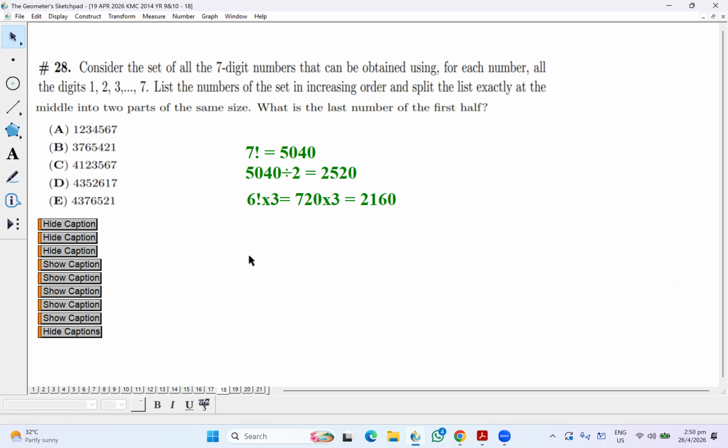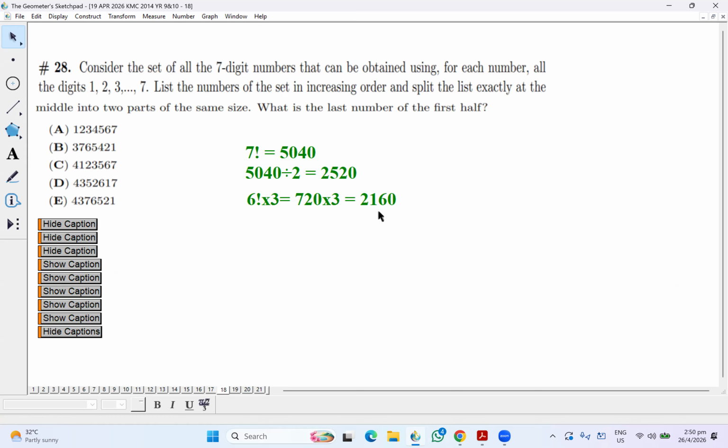The upper half, we can go until 1, 2, 3. When you start with 1, we can move the 6 digits, 6 factorial, 720, all starting with 1. Then all starting with 2, another 720. And all starting with 3, another 720.